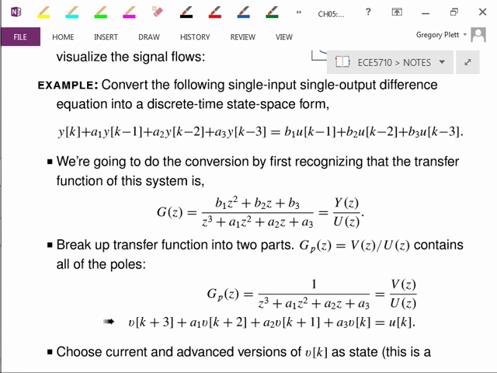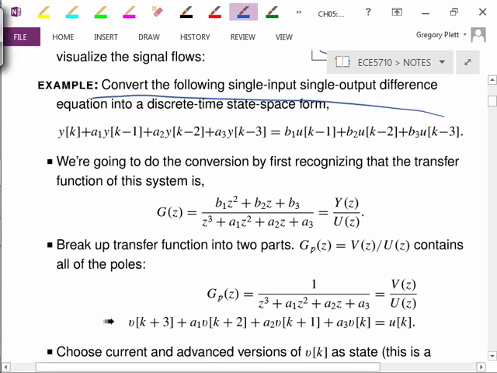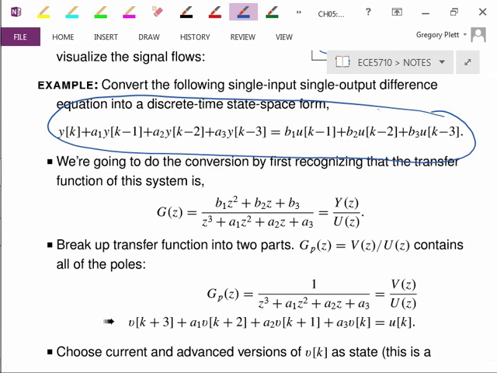If you don't have knowledge of the Z transform, then you can scan through this section and get the general idea. The main point of this is that we can take a difference equation and write it in a state space form, and then we'll also see in the next section that we can take a state space form and write it as a difference equation. So there's a way to go back and forth between the two different forms.